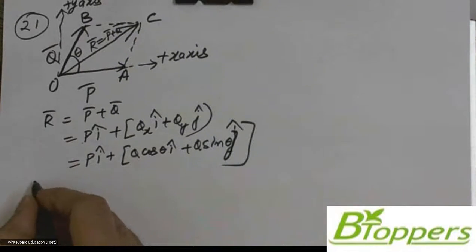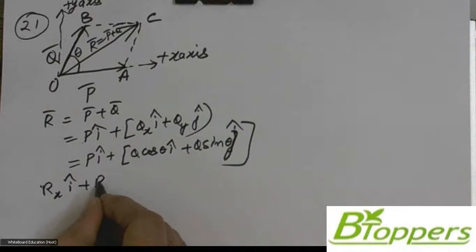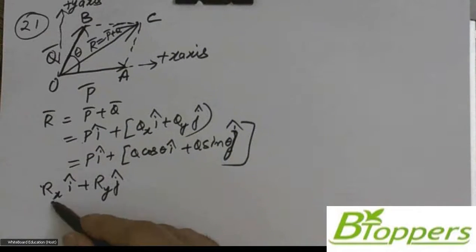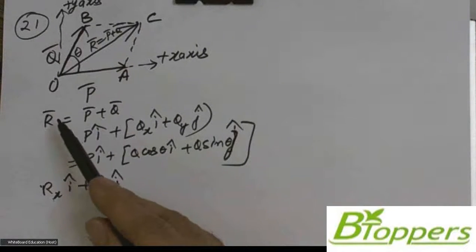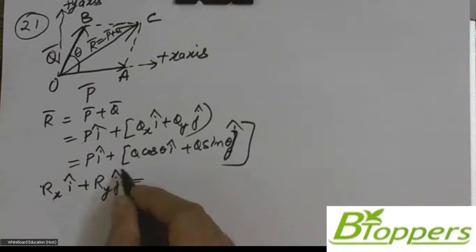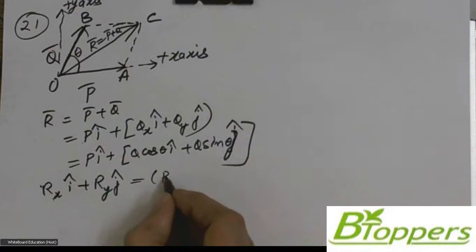So R bar you can write as Rx i cap plus Ry j cap. Rx represents the x component of the resultant, meaning the component of the resultant in the direction of P bar, and Ry is the y component of the resultant. On the right hand side you can collect the x components at one place.